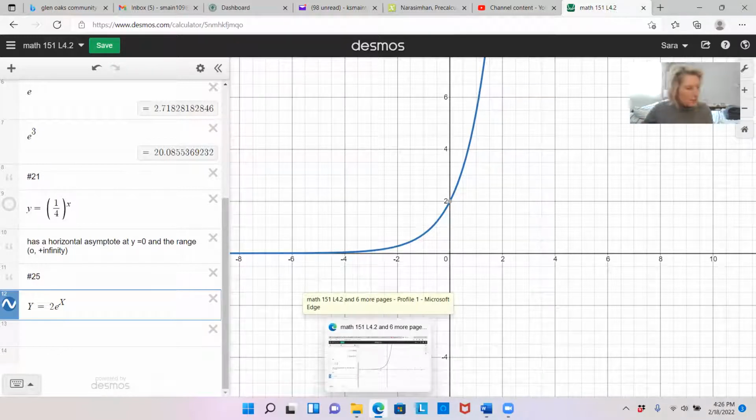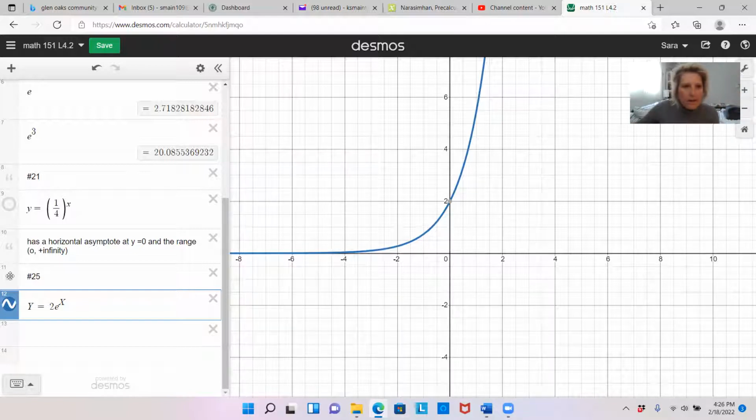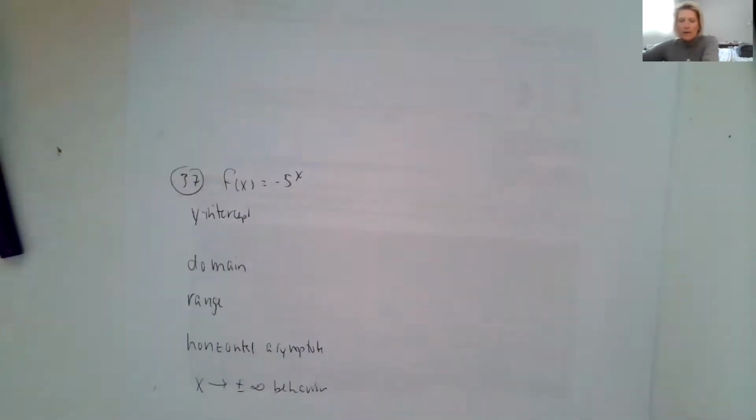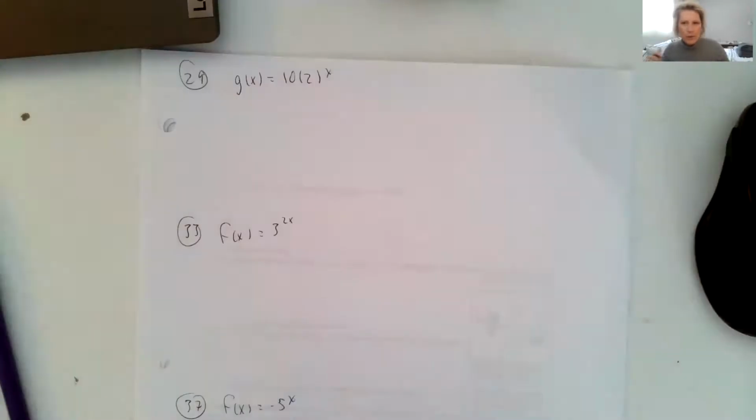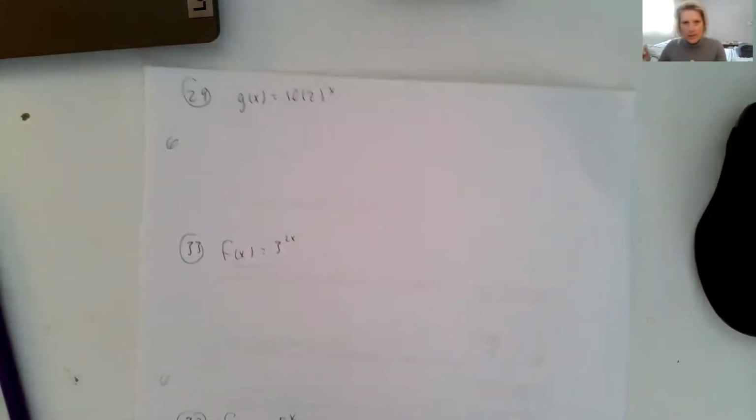Okay, let's look at number 29. I'm going to take you back to my paper. We're just really going to try to get good at taking a guess at what these look like. I'm not going to do them all in Desmos for time, but you most certainly can. I might go put them in for you so that they're within the link.